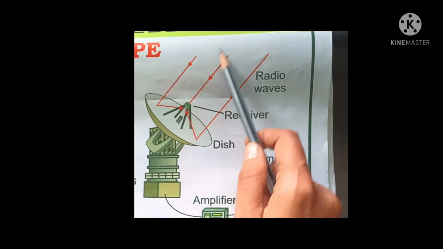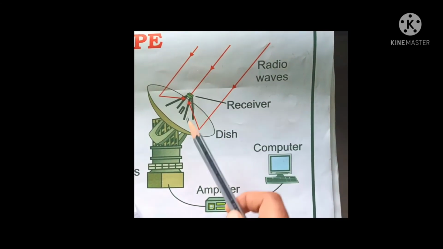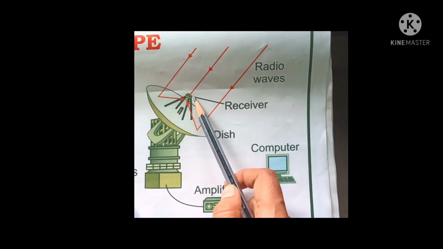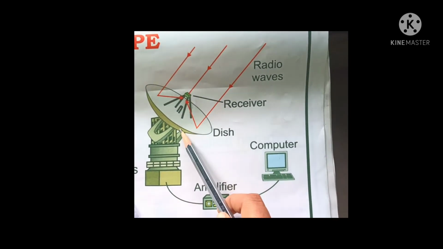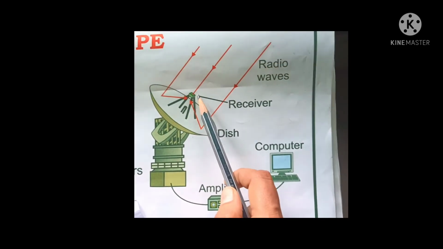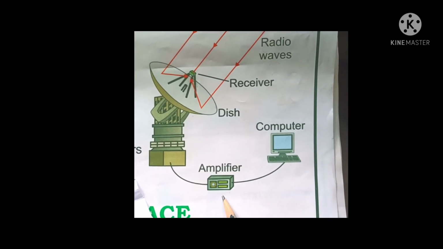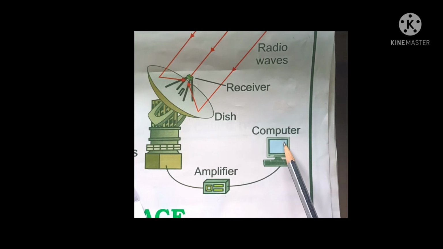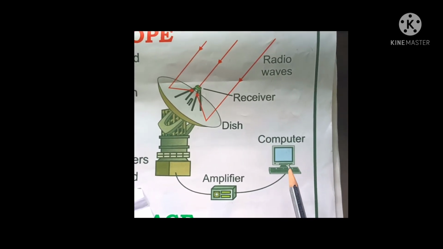Here the rays coming from the heavenly object or from space are the radio waves. They get converged with the help of this dish when they fall on it, and from there they are transferred to the amplifier, get amplified, and then we receive it in our computer and we are able to see the heavenly objects clearly.